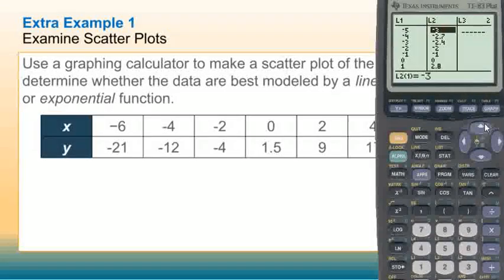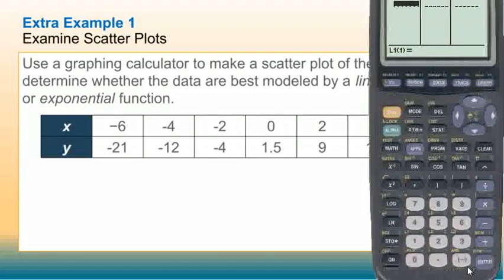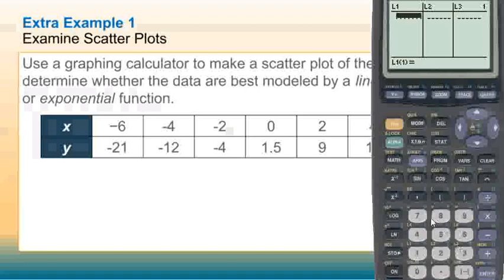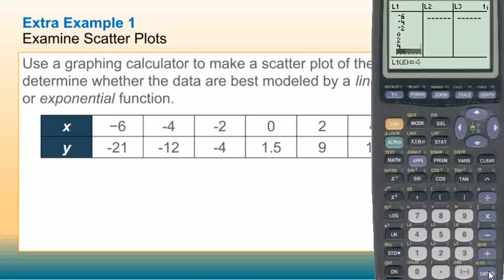And we're going to clear what we have here, and then enter our numbers in. So we have -6, -4, -2, 0. Then we have 2, 4, and 6.